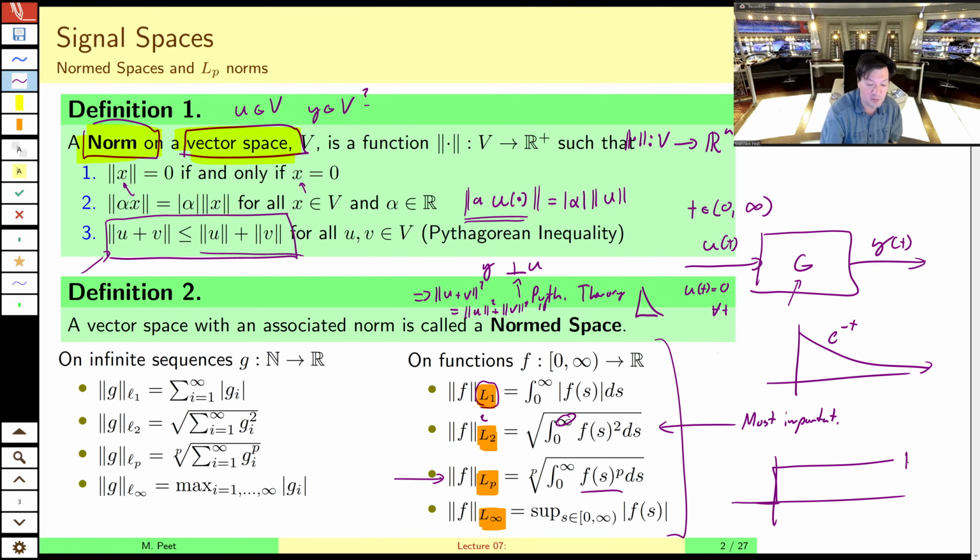This is 1. The square of 1 is 1, and then you integrate it from 0 to infinity, and the L2 norm of that would be infinity, because you never stop that limit of integration. So these things have to converge. They have to have finite energy to be in these signal spaces. So it's important that all of our signals have finite energy.